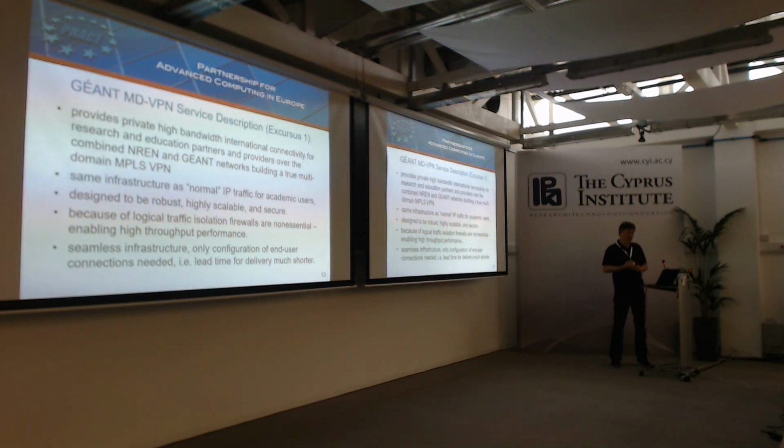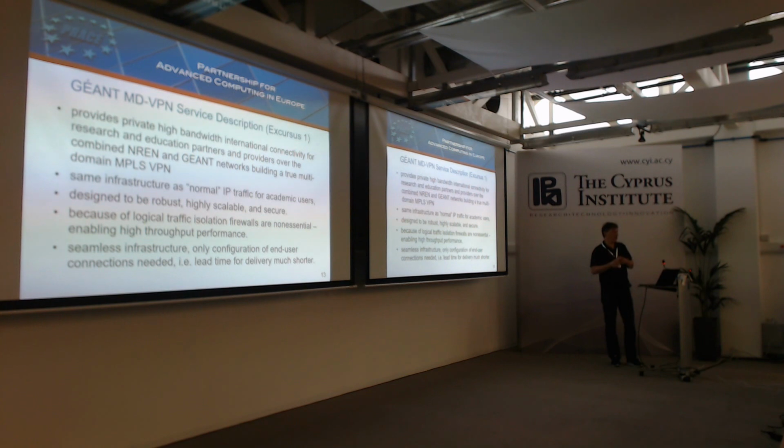Because of logical traffic separation, firewalls are non-essential, enabling high throughput performance. So it's a dedicated network. You don't need a firewall if you trust the other side. You have to trust the end as well, not to make mistakes.